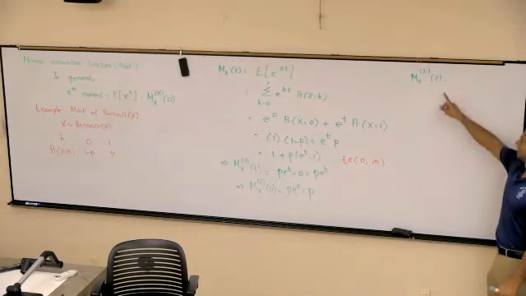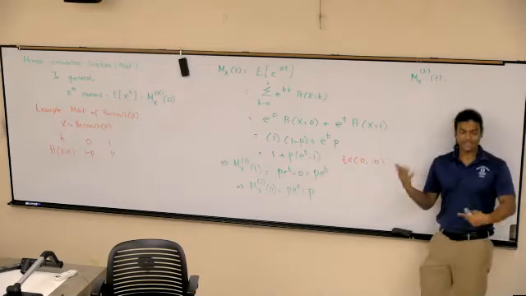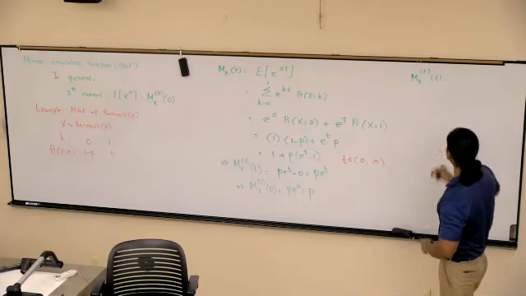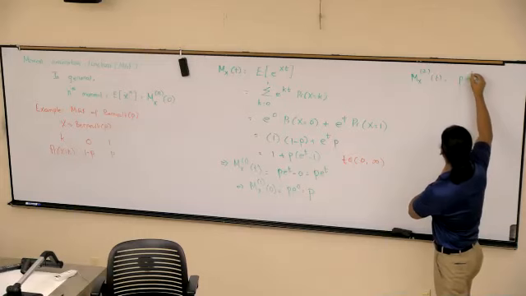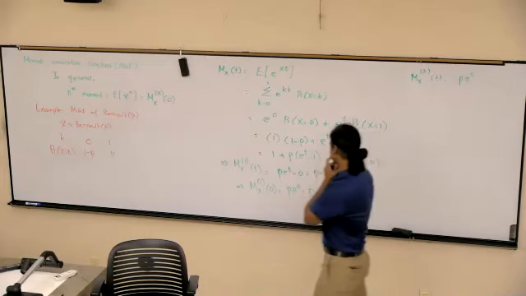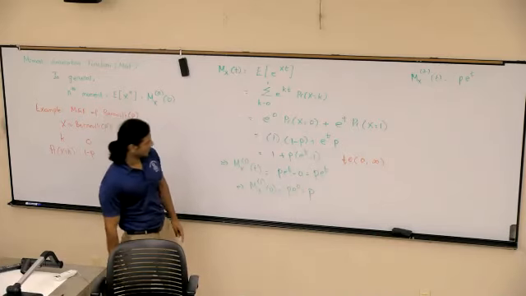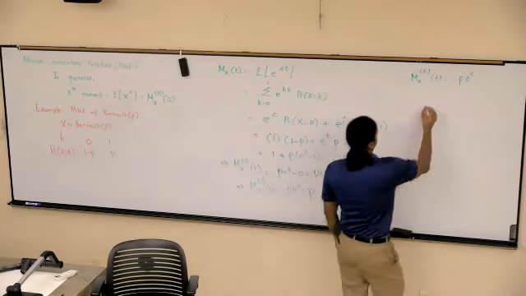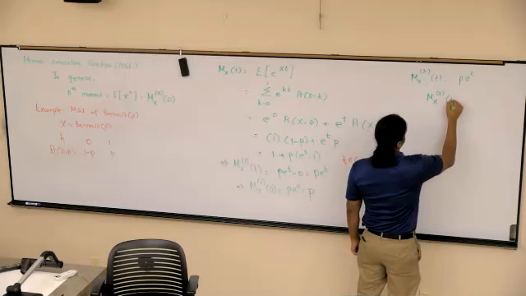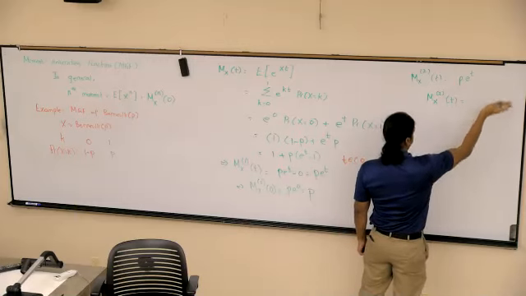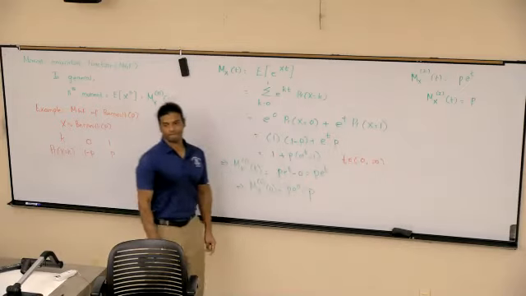But we are not taking the derivative of that value, rather we're taking the derivative of the function. So I end up getting p e raised to t. If I evaluate it at t equals 0, I end up getting p.